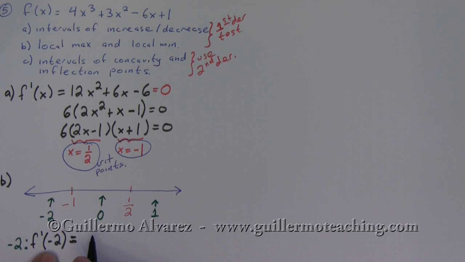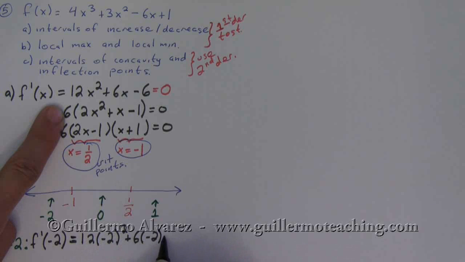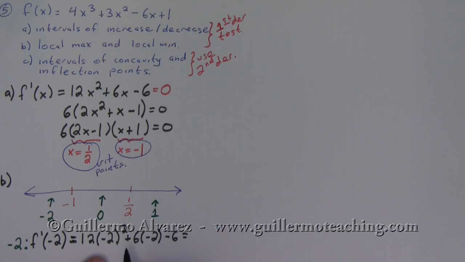So if we plug negative 2 into the derivative, we would get 12 times negative 2 squared plus 6 times negative 2 minus 6. So this is going to be 12 times positive 4, which is 48, minus 12, which is 36, minus 6 is positive 30.